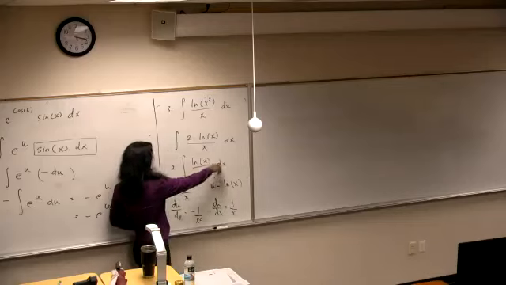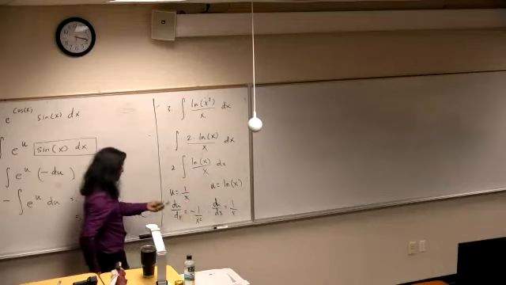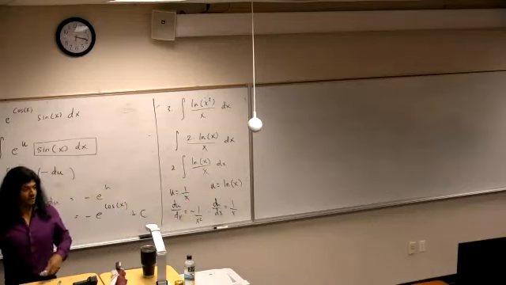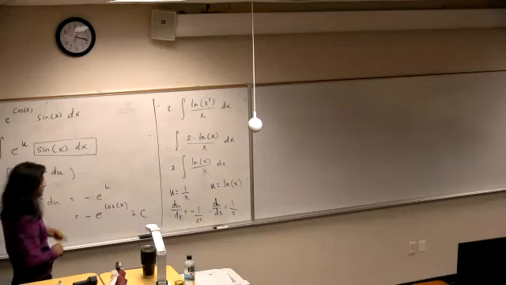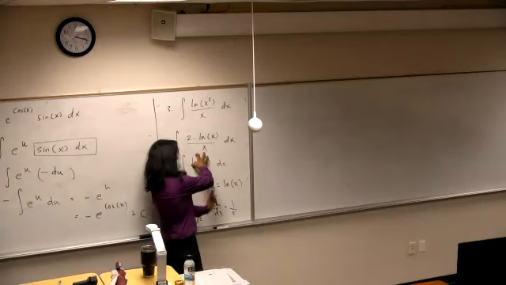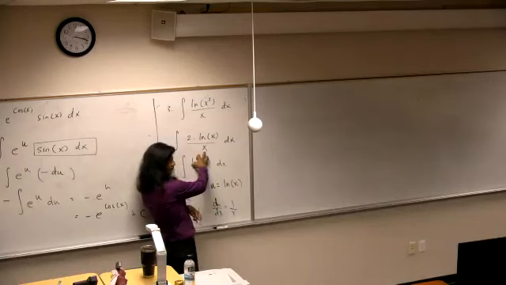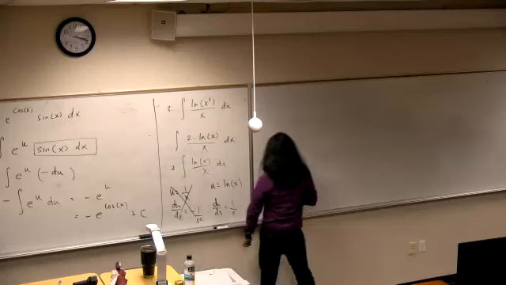So if I picked 1 over x to be u, whatever remains in the integral must be negative 1 over x squared. That is not the case. I still have that logarithm lingering. But if I picked ln x to be u, I end up getting 1 over x, the other part of the integral. So of the two choices, it has to be that one.